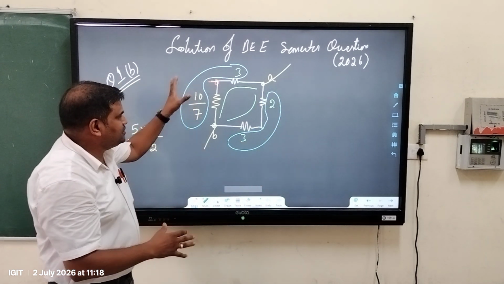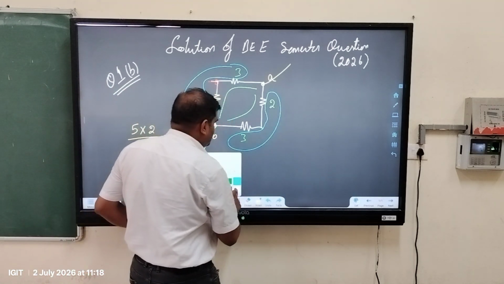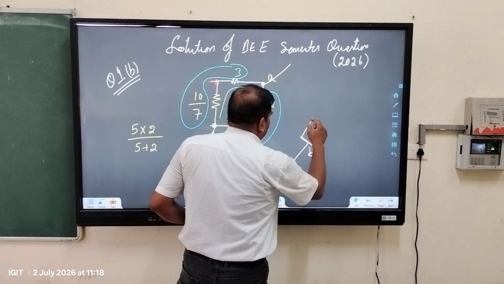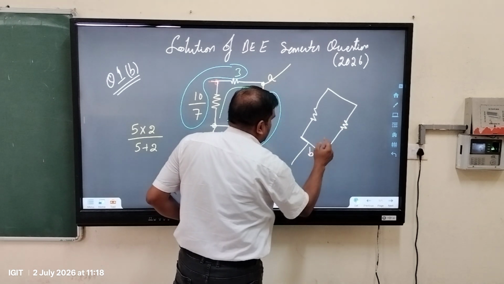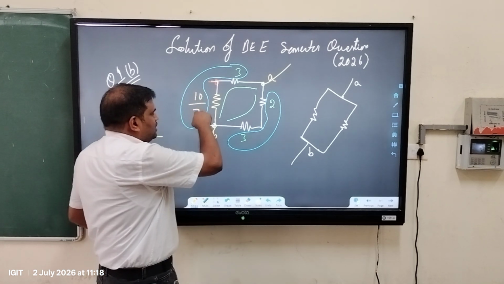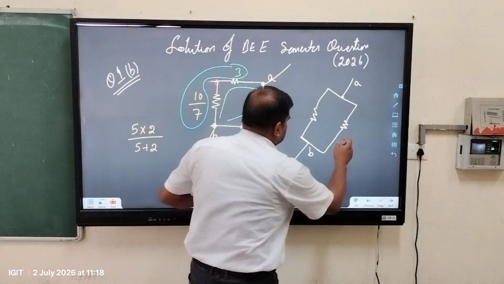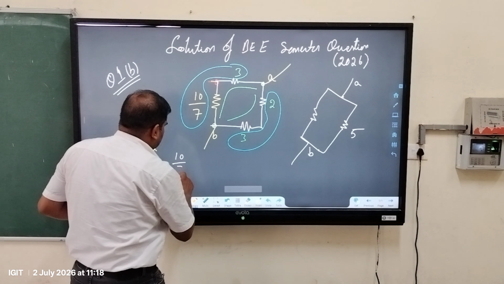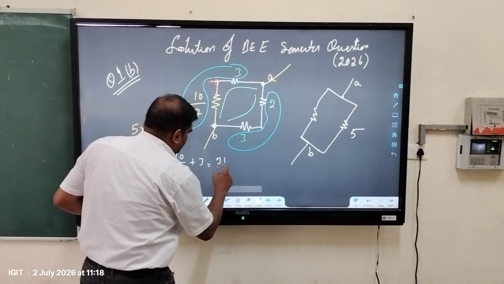So we can combine these resistors and make a simple circuit like this again, that there is a node B. It has got only 2 resistances left now, and this is the node A. 10 by 7 plus 3 you can add up, and here it is 5, and here it is 10 by 7 plus 3, 21 plus 10, 31 by 7.